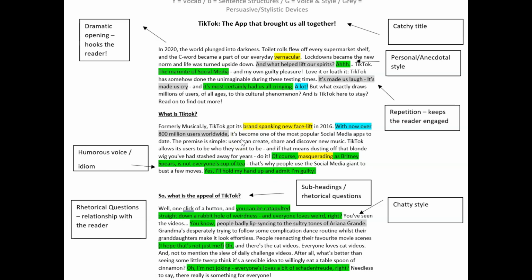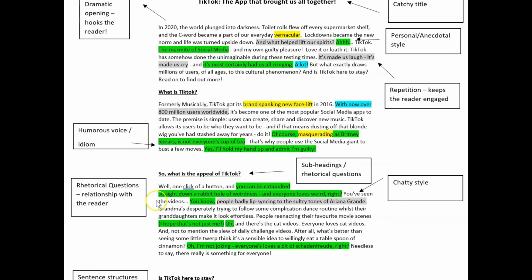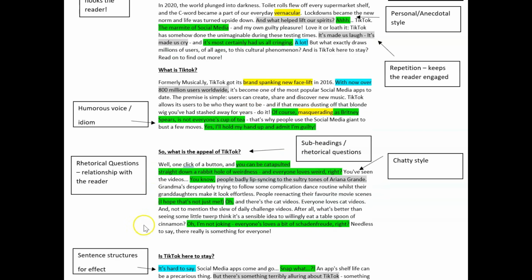People badly lip syncing to the sultry tones of Ariana Grande. That's not part of A Ripe Forest, but it's humor, I guess, and that is certainly something you should consider doing if you want to engage your reader. And of course, there are lots of rhetorical questions throughout to build and strengthen that relationship with your reader.